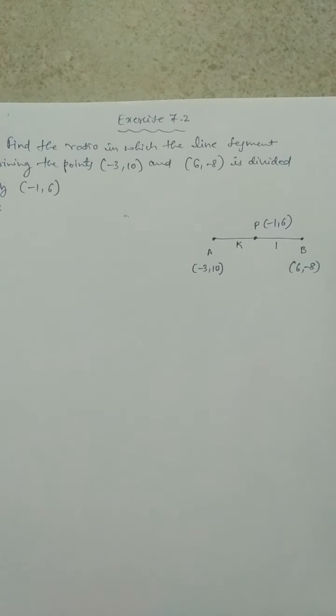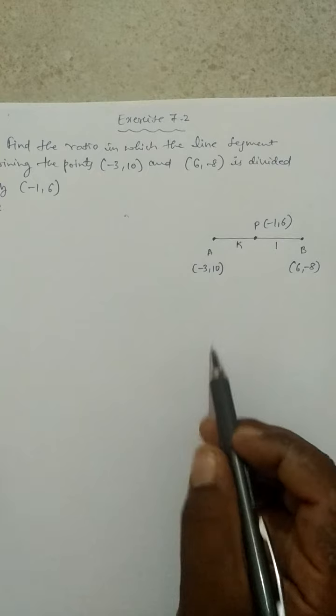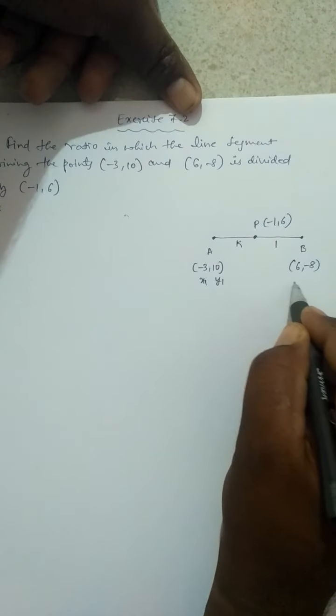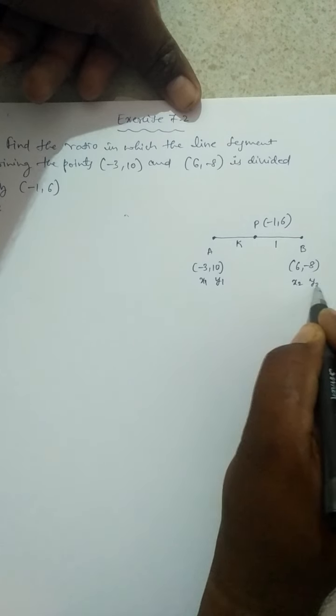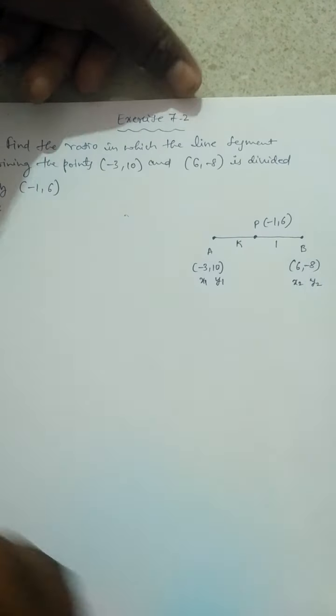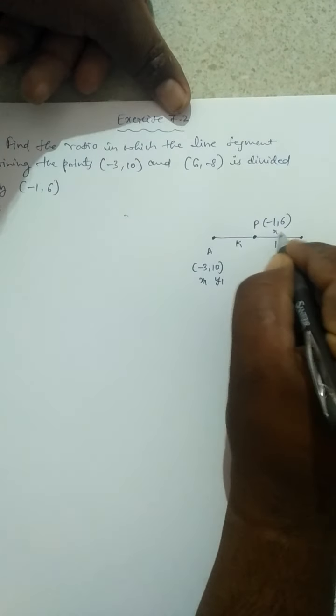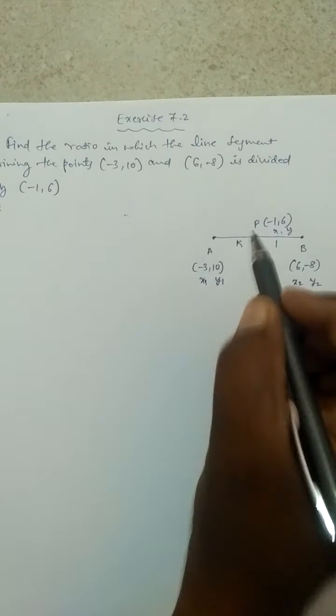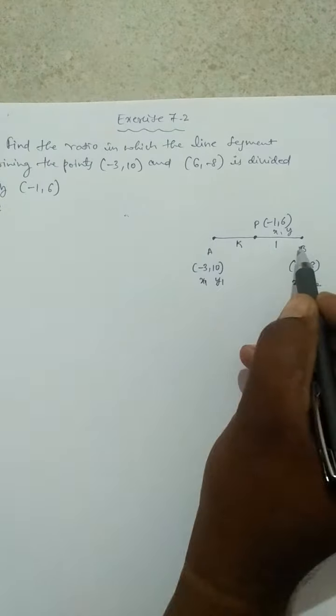Now by using the section formula, we have to substitute. This is x1 y1, this is x2 y2, right? Now here this is x and y. Here we have to find out the ratio of AP is to PB.